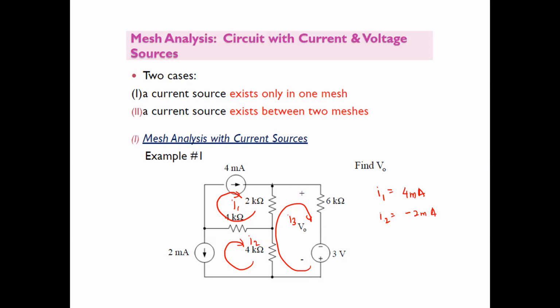So you don't need to solve the KVL for mesh current I1 and mesh current I2 because it already gives you the values of the mesh current. So right now, the only mesh current that you need to solve is I3. So if I go for the KVL for mesh current I3, you will obtain that.